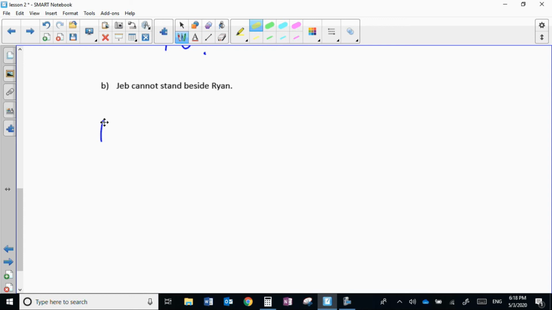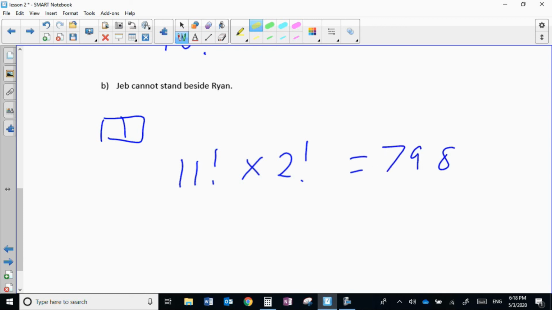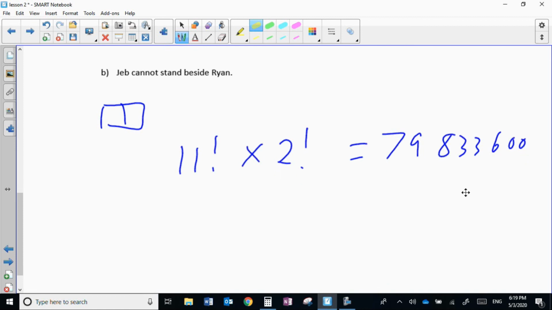If we assume that they must stand side by side, they become 1 player now, and there are 10 other players, so 11 players in total, can be rearranged 11 factorial ways, times 2 factorial, because there are 2 ways to rearrange Jeb and Ryan. So that's 79,833,600 ways that Jeb and Ryan can stand together.